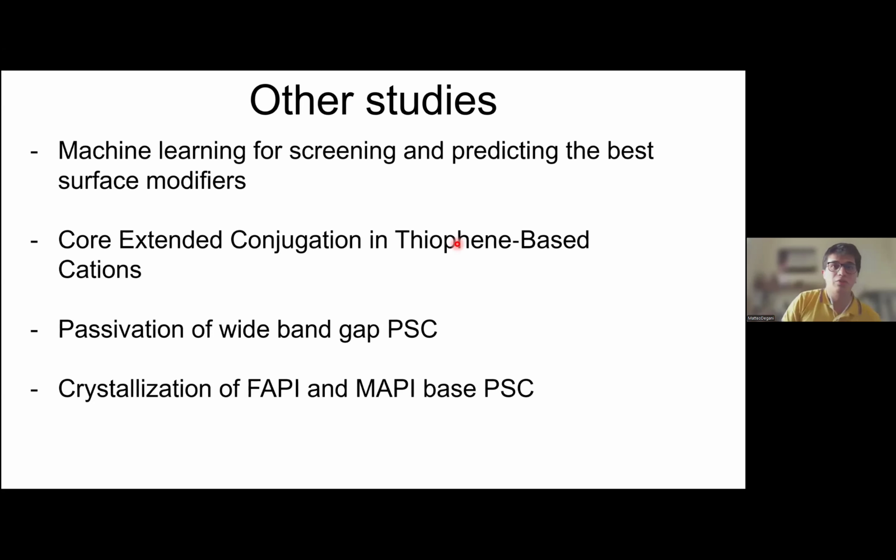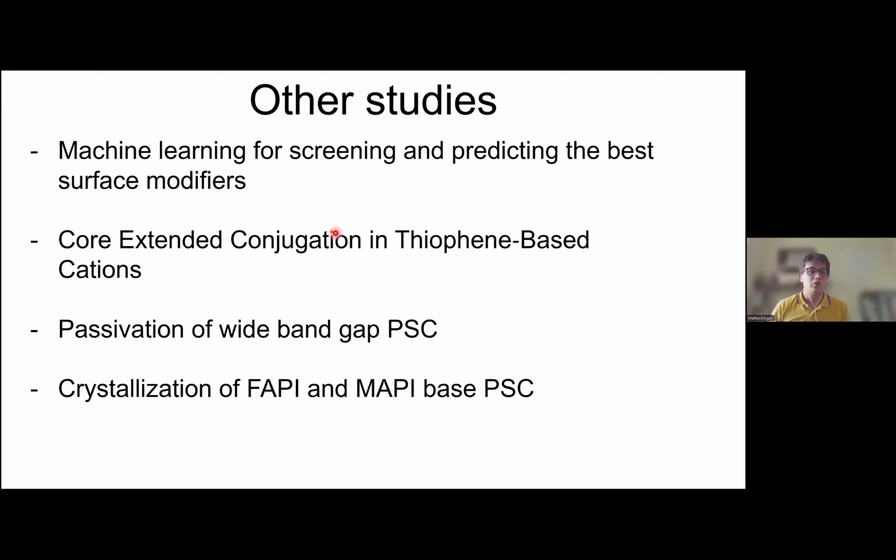I would like just to mention some other studies we performed. So basically, most of the passivations are studied by trial and error, but now we have also started to use machine learning to screen and predict the best surface modifiers.